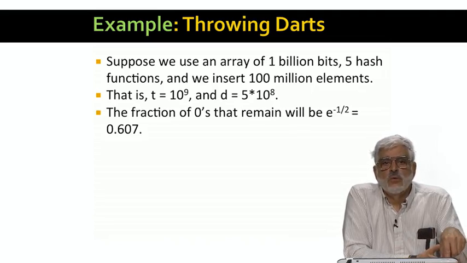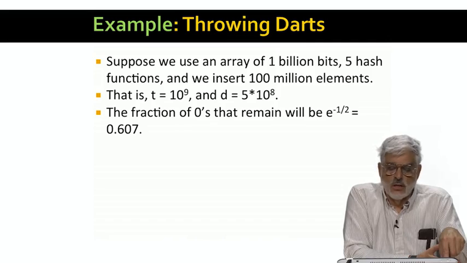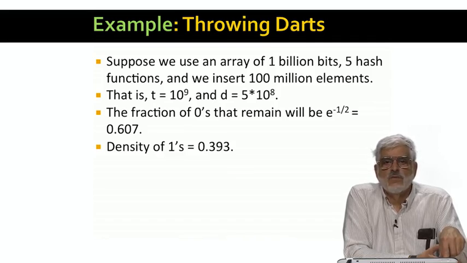Using the formula we derived on the previous slide, the fraction of bits that remain 0 will be e to the minus d over t, or e to the minus 1/2. This value is 0.607. Or put another way, the fraction of ones will be 0.393, somewhat less than half.